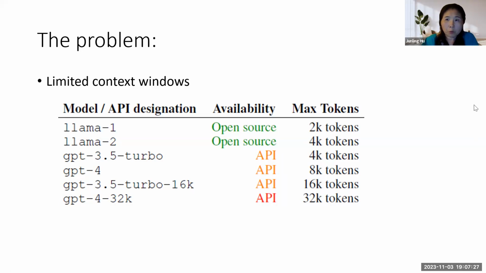First of all, we know that as large language models continue to become larger and larger, certainly from GPT-3, a 175 billion parameter model, to GPT-4, more than 1 trillion, we are able to handle much longer context.